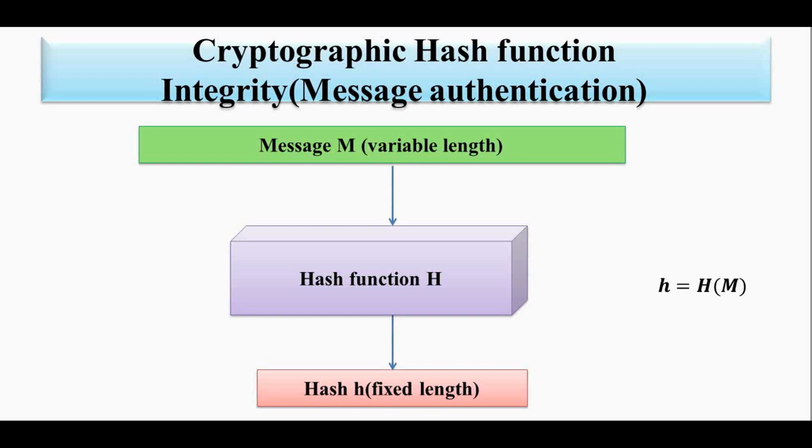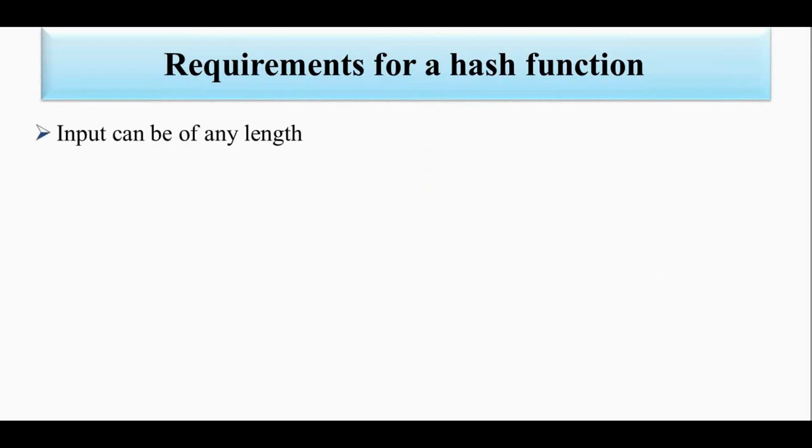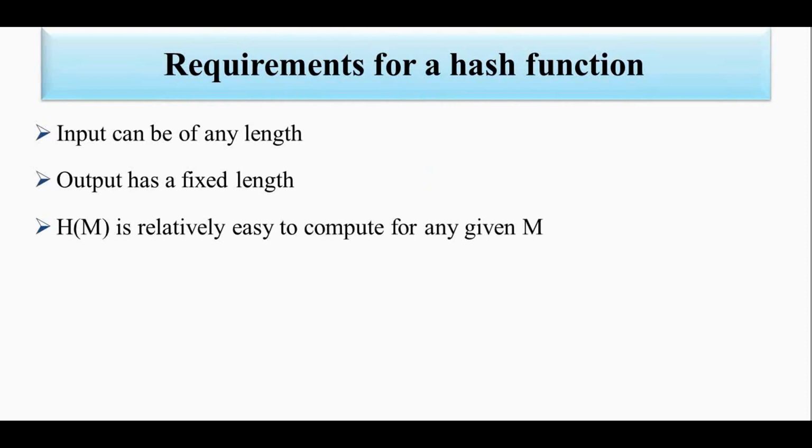Let's see what the requirements for a hash function are. The input can be of any variable length. The output will be a fixed length. For example, the SHA-256 hash function gives an output of 256 bits only, irrespective of the input message. H of m is relatively easy to compute for any given message m.